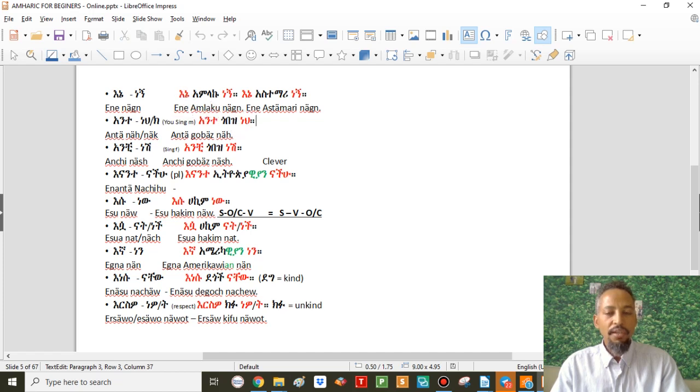It's called transliteration when you write the sounds of one language in another alphabet, like the words of Amharic in the English alphabet. So this is the transliteration, the reading or pronunciation part of this Amharic.